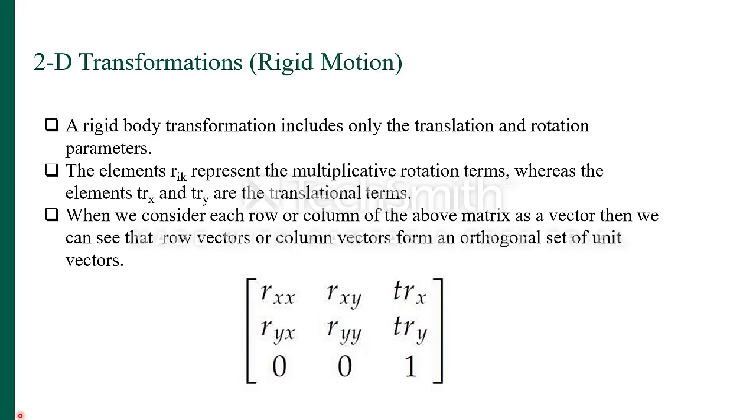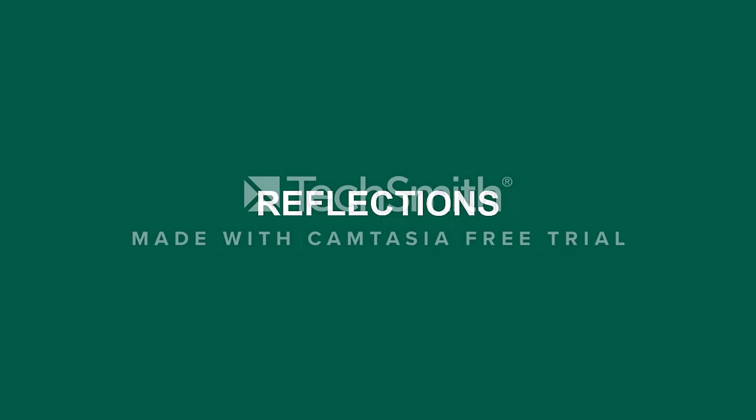When we take only translation and rotation, the R parameters represent the multiplicative rotation terms, whereas Trx and Try are the translation terms. When we consider each row or column of this matrix as a vector, we can see that the row vectors or column vectors form an orthogonal set of unit vectors.